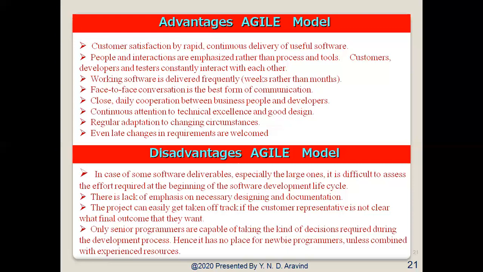That is a disadvantage. Only senior programmers are capable of taking the kind of decisions required during the development process. Since the juniors cannot take the decisions, this is a drawback for the Agile model.